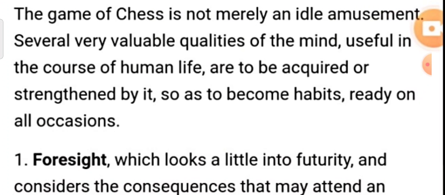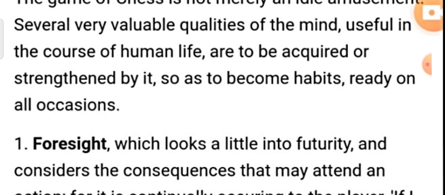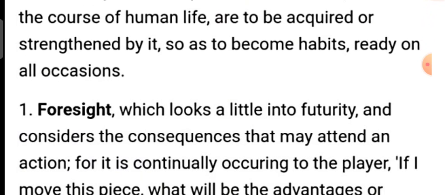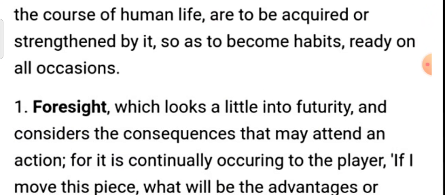The game of chess, according to Franklin, is not merely an idle amusement. Several very valuable qualities of mind useful in the course of human life are to be acquired or strengthened by the game, so as to become habits which will be ready on all occasions for us.